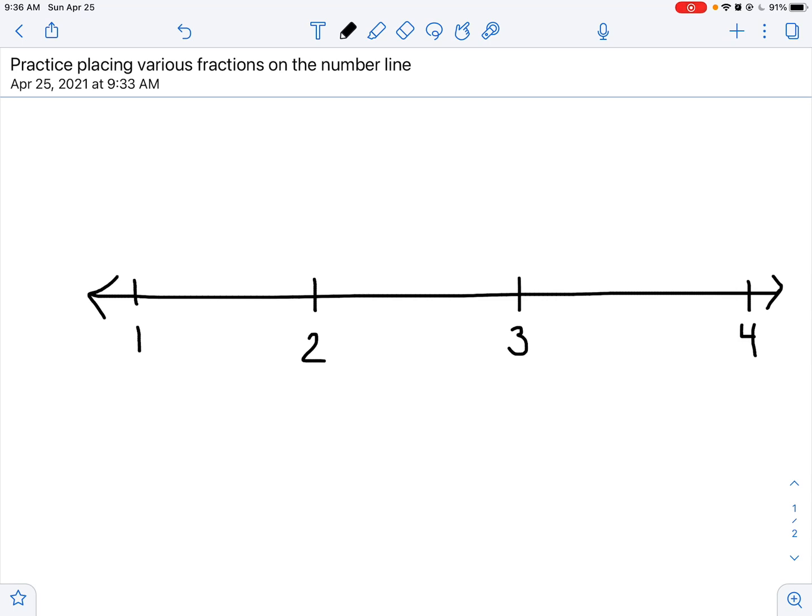So what I'd like to talk about today is if you are given some fractions and they ask you to place those fractions on the number line, I want you to know how to go about that.